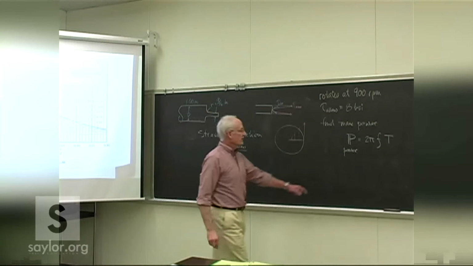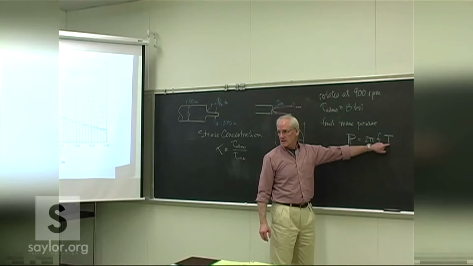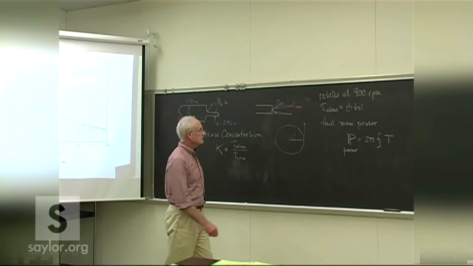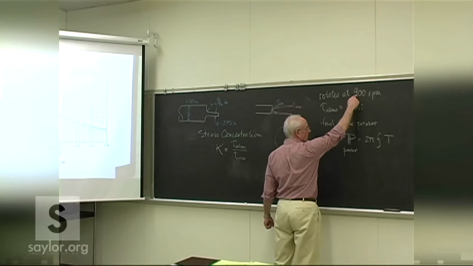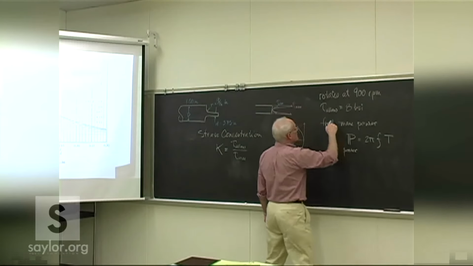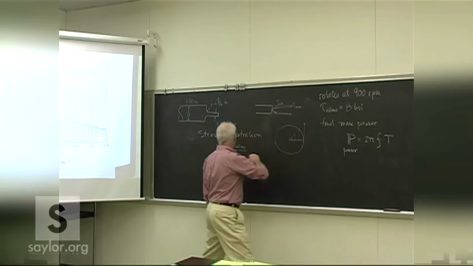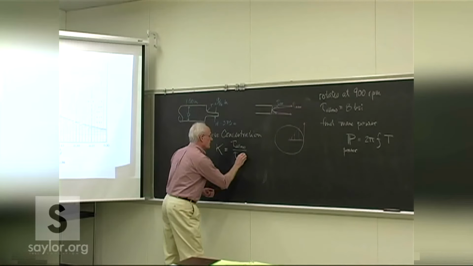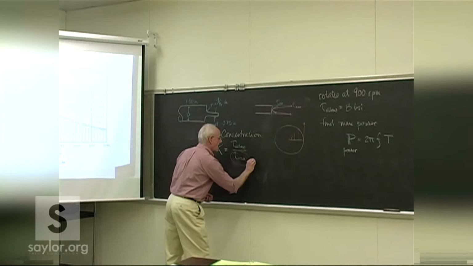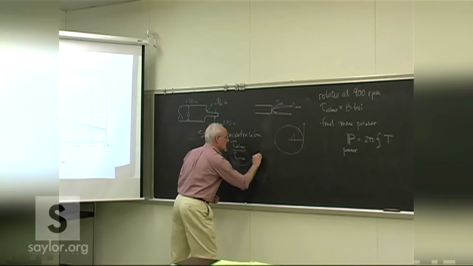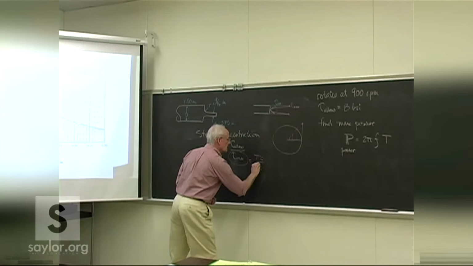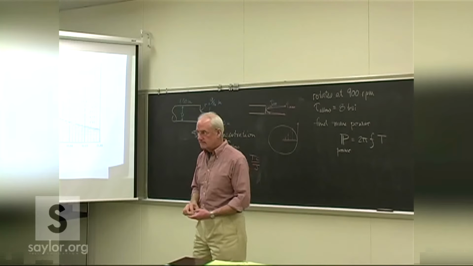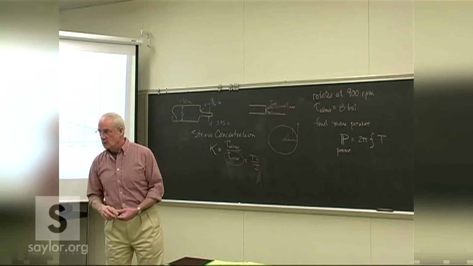And T is whatever the torsional load is, the very same T we've been using as we go along here for a while. So we can take this value, and using the allowable limit and the stress concentration factor, find a maximum load we can put on the piece.